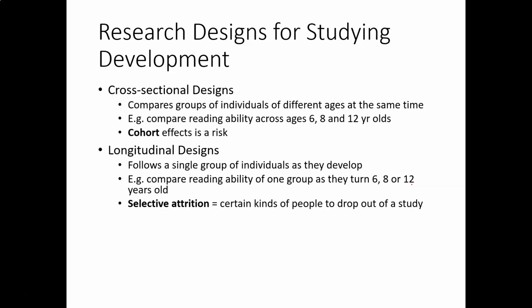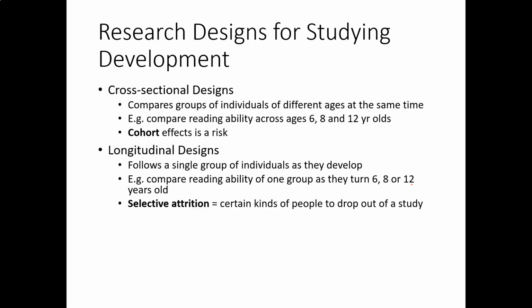One of the major problems of longitudinal designs is something called selective attrition. Selective attrition happens when the study continues on for many, many years and people just drop out of the study. And so the people you are left with may contain a unique characteristic that may interfere or serve as what's called a confound to what it is you're trying to study, because you're trying to study the general population when you start the study, but based on who you're left with, you may no longer be studying the general population.